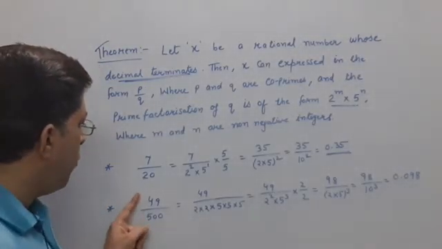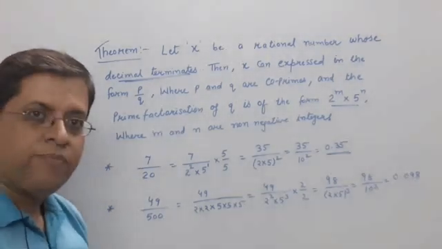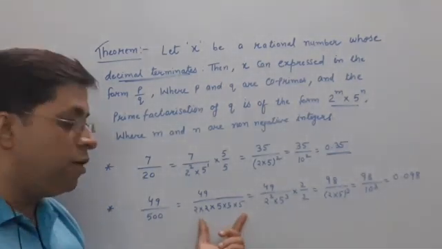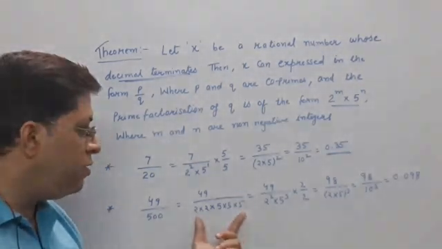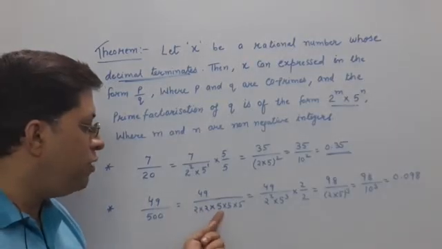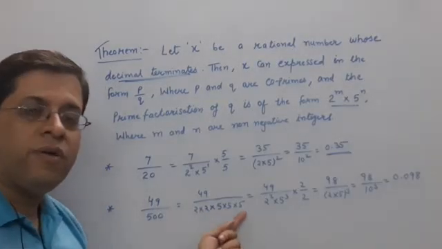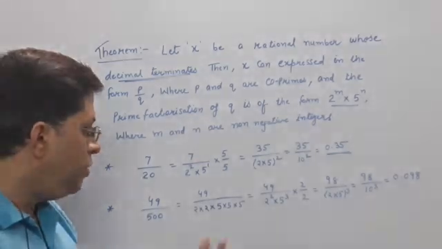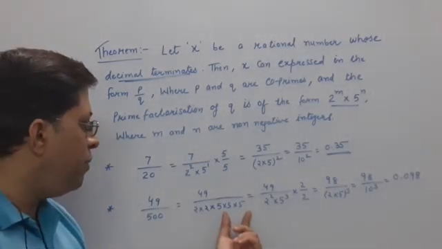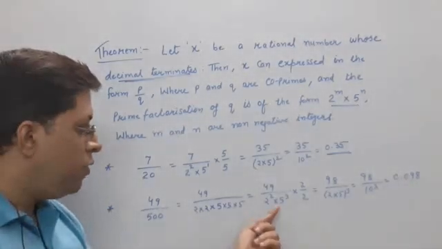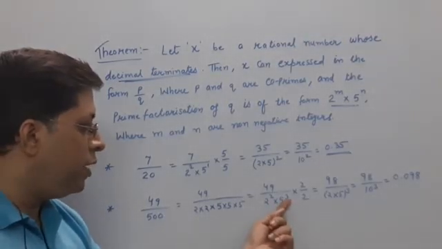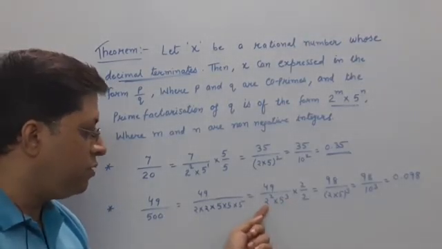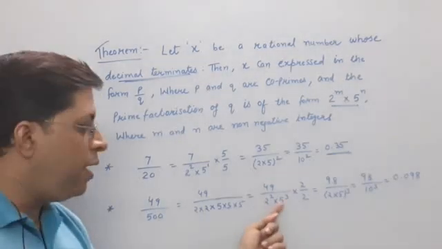One more question. See, 49 upon 50. If I get its prime factors, 2 2s are 4, 4 5s are 20, 2 5s are 100, 100 5s are 500. It means 2 power 2 and 5 power 3. Here 3 is greater, so I have to make the power of 2 also 3. For that, I have to multiply and divide by 2.